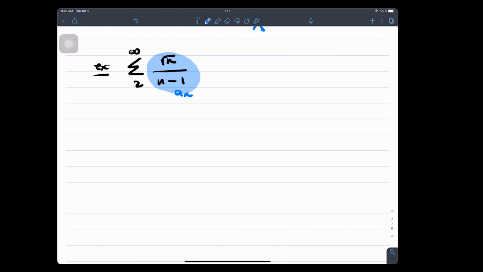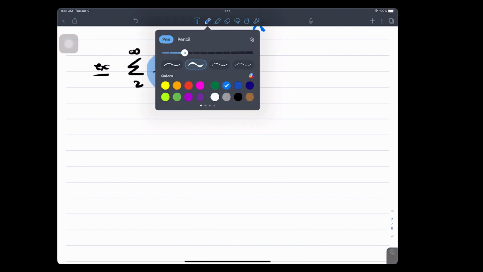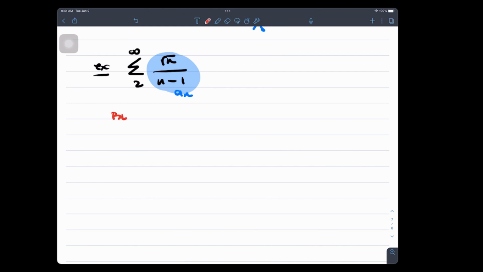There's your an. This series behaves like, what does this behave like? If I get rid of this constant, what do you guys have? Isn't that square root of n over n, which would be 1 over square root of n, which is 1 over n to the what? 1/2?